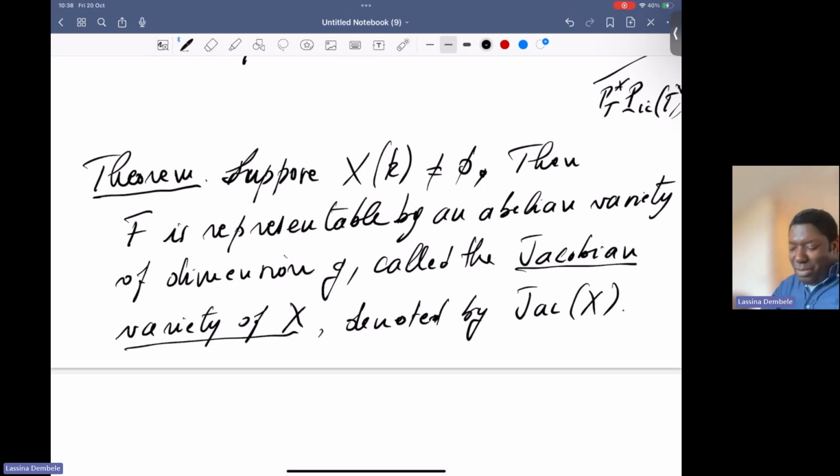I guess the first time you see this, the definition and the representability of the functor is really not intuitive. The only way I can motivate this is that these are Abelian varieties with a lot of nice properties, and in some sense they are the easiest Abelian varieties one can construct explicitly, because you would never be able to write equations for an Abelian variety.